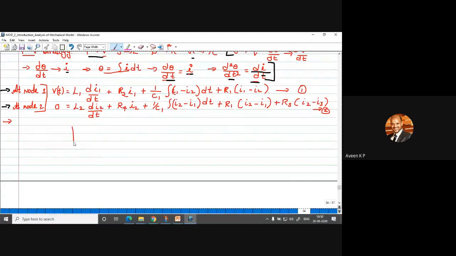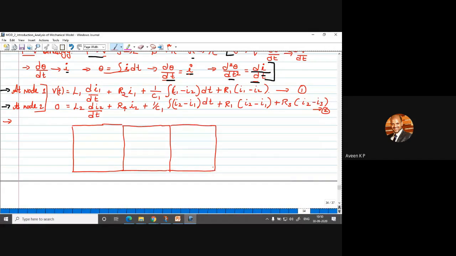So the first loop, second loop, and the third loop. Okay, so in first loop, I1, I2, I3, and we shall connect the electrical elements in series by considering the mechanical system.